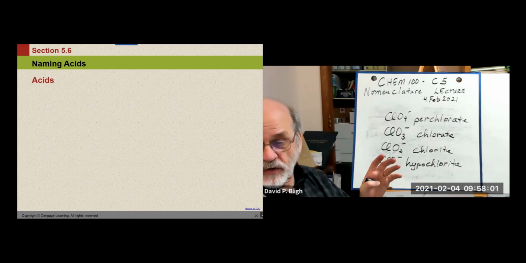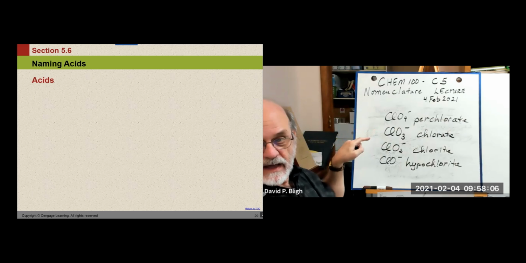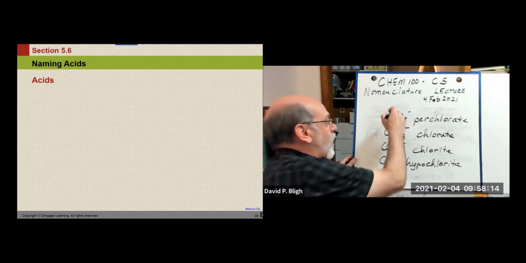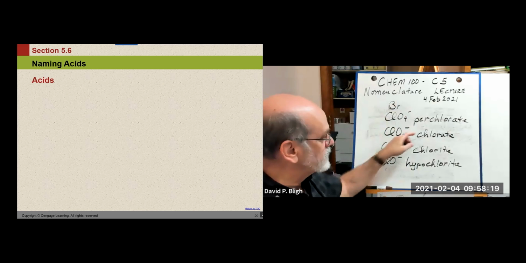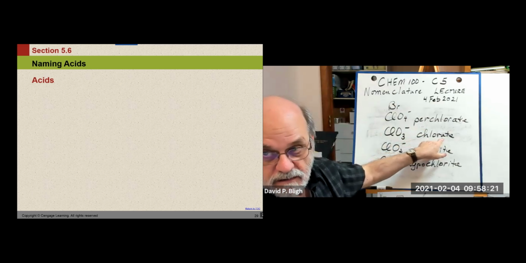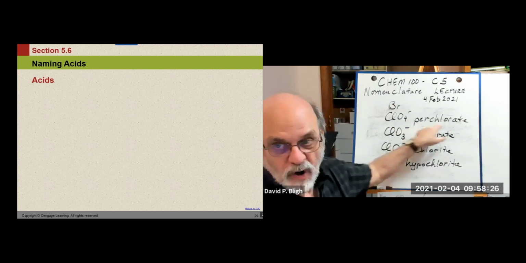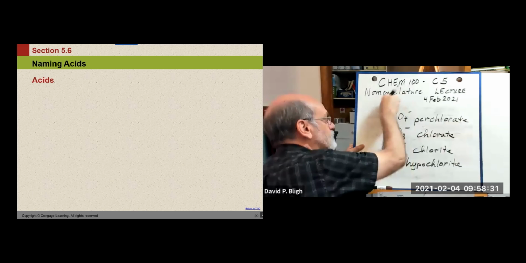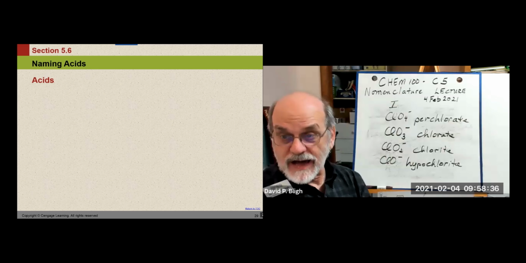There are two other groups that can use this exact convention. And they're formed from halogens. Right? If we use, instead of Cl, we use Br, then substitute Br for each one of these, and you say bromate, bromite, hypobromite, perbromate. Or we can substitute another halogen, iodine.